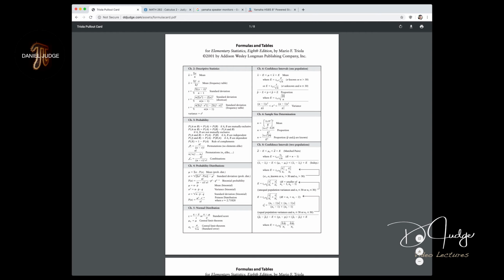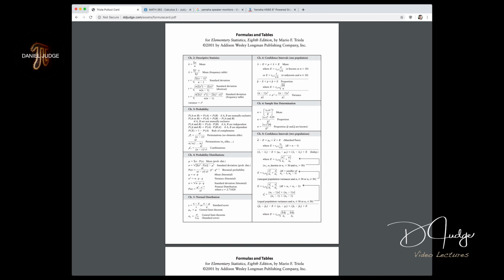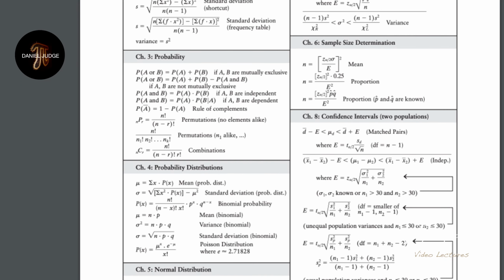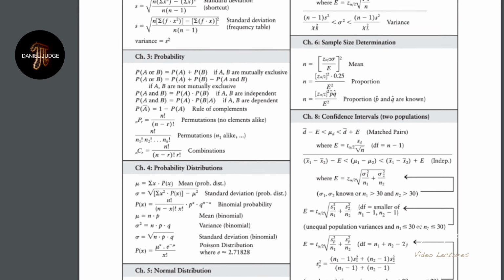If you really take a close look at what you have, if you see chapter 6, sample size determination, right in the upper right corner, that's sample size. This is N, and you got two formulas here. The top formula is what we just talked about. That's when you estimate a mean. The bottom 2 formulas here are what we're going to talk about now.